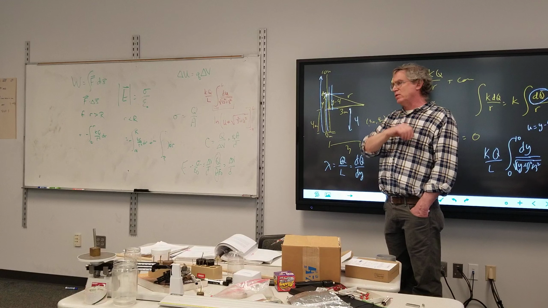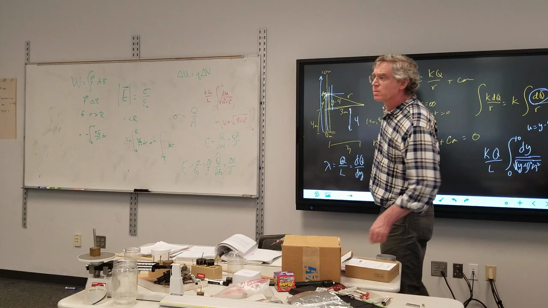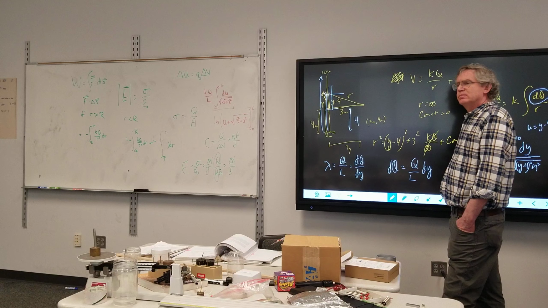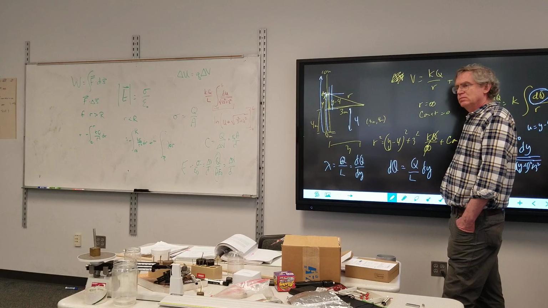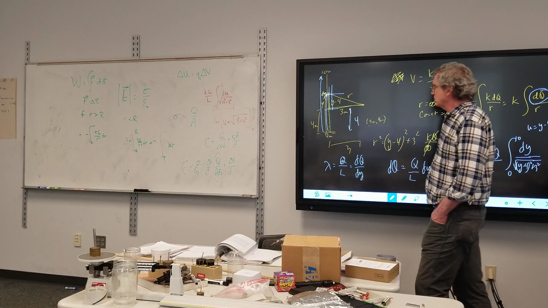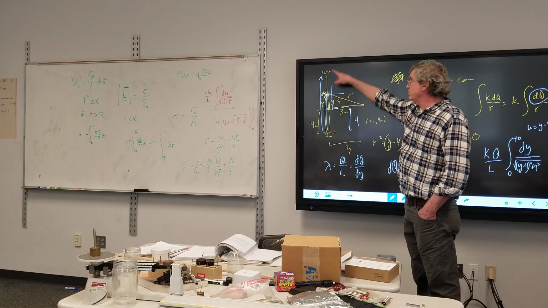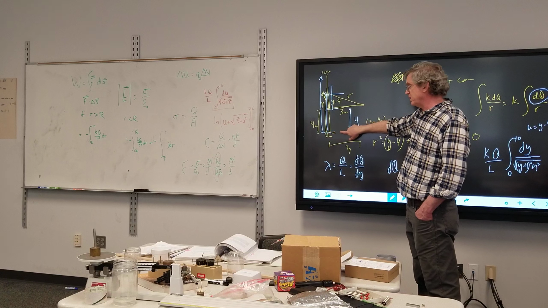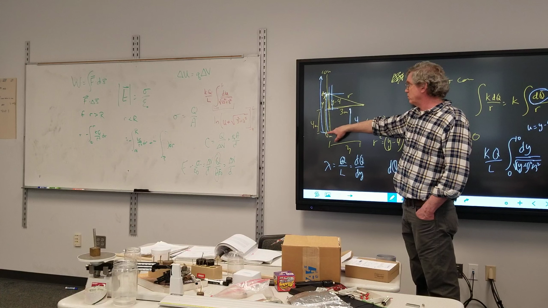All right, I'm missing the question. So you found the limits of integration because you said Y is 10 meters. Because my line of charge goes from 0 to 10 meters. So my Y value, since Y is defined starting at 0, goes from 0 to 10.